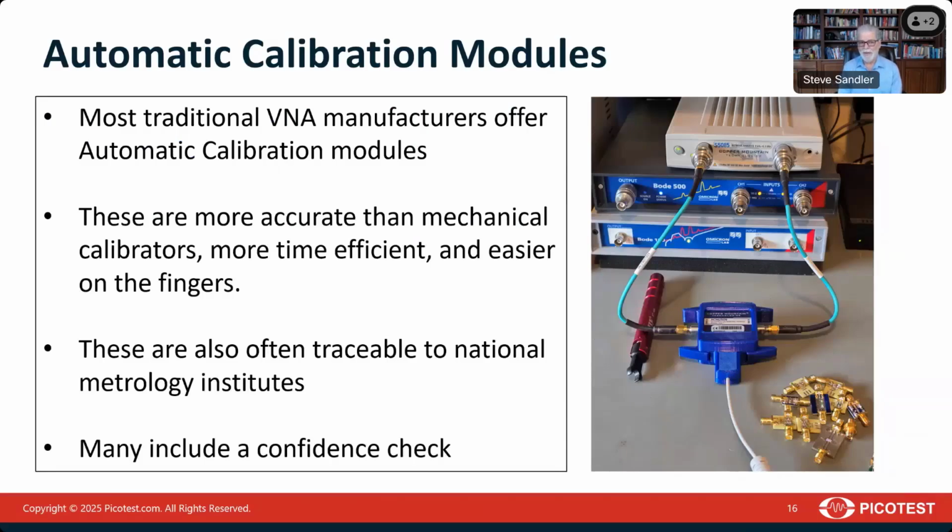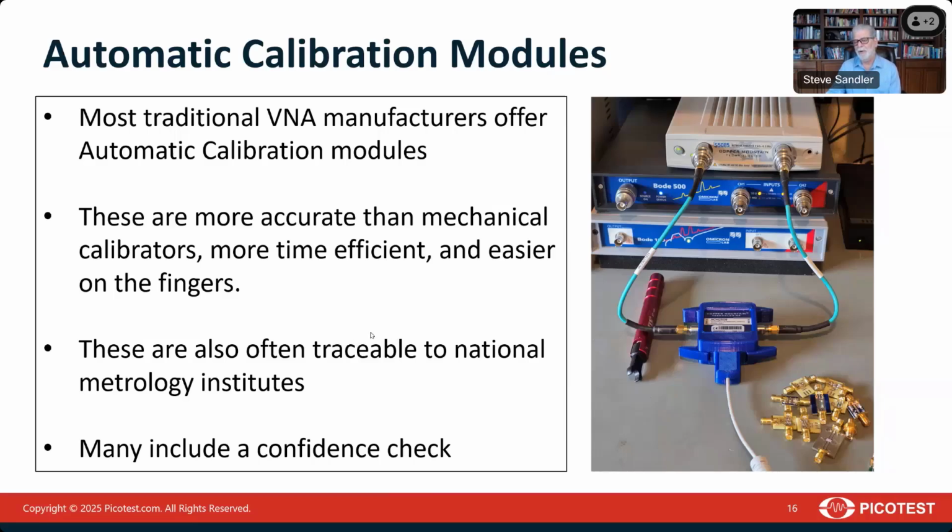We can do even better than that. There are automatic calibration modules that are available from most vector network analyzer companies. They're a little bit different in that they don't use polynomial coefficients to do the calibration. They actually have stored data, and it's a little bit more accurate. It's data-based and temperature compensated, so the automatic calibration module is more accurate, but also more expensive, and most of them are actually traceable to the National Metrology Institutes.